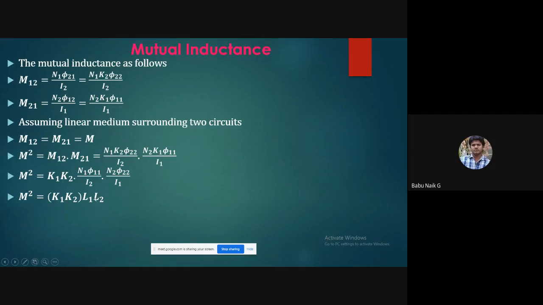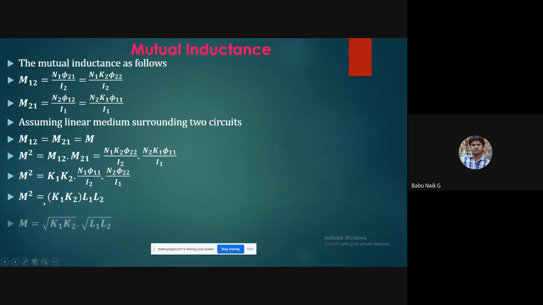The definitions of L1 and L2 we have seen: the flux linking with circuit 1, and the flux linking with circuit 2. So that is L1 and L2 here.